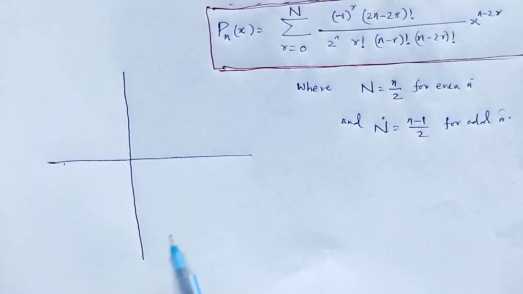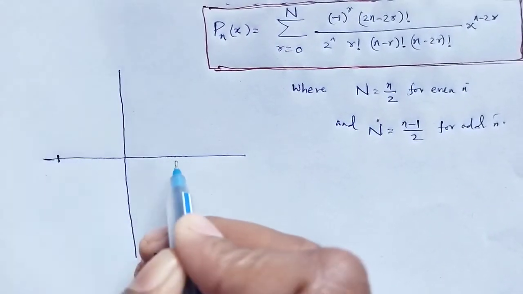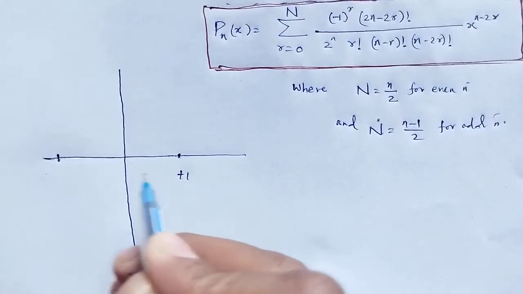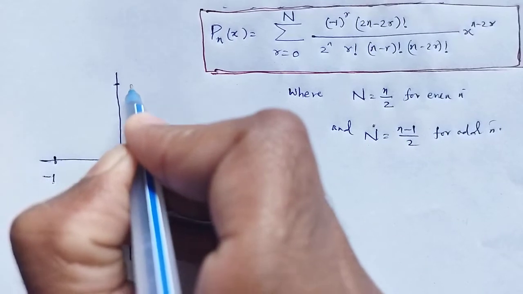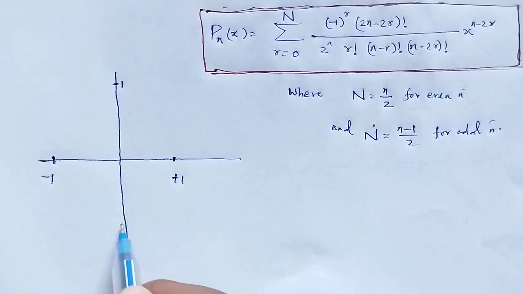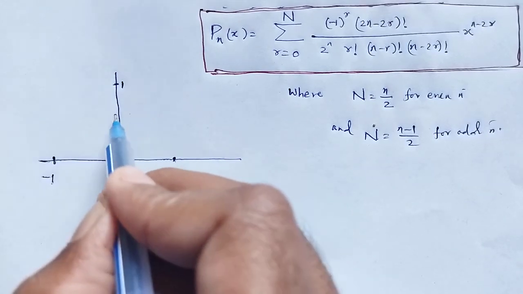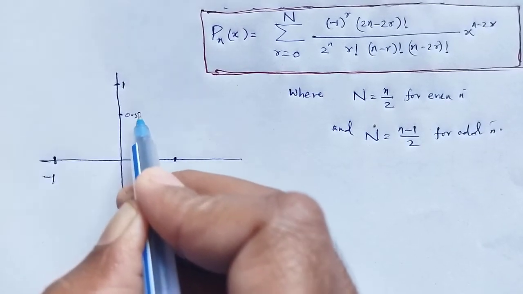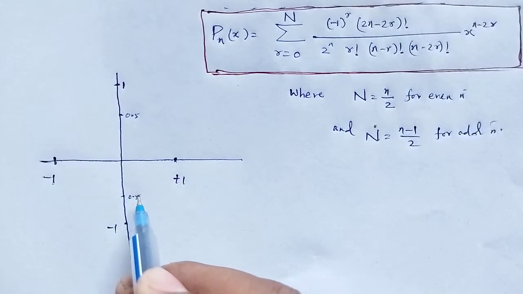Let me prefer here the graphical representation. Here this is +1, this is -1, upper half this is +1, and lower is -1, and here 0.5, here 0.5.